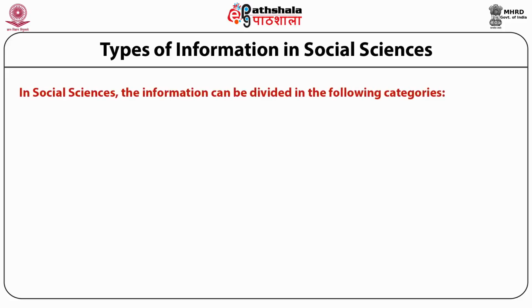But in social sciences, the types of information, in addition to what we have discussed, vary and are slightly different. They could be divided into such categories as statistical information. Now, statistical information is required and used by the users in such subject areas as economics, mathematics, statistics, sociology, and so on.